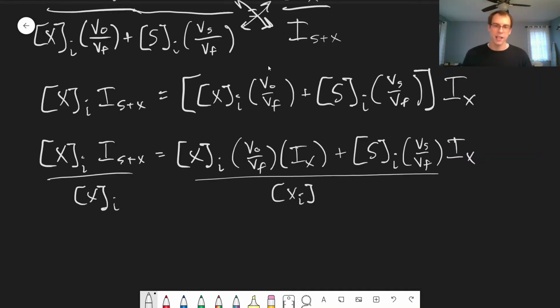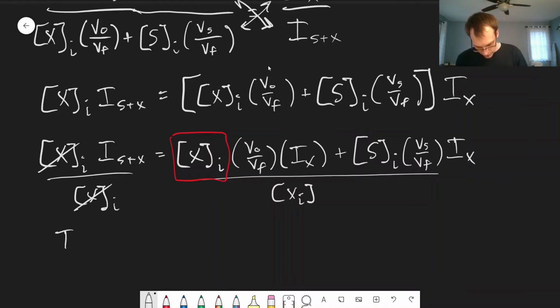That'll give xi just on the right-hand side of the equation. On the left-hand side, these will just cancel. On the right-hand side, we have an xi up here already, so that'll cancel in the first term, and in the second term, it'll end up in the denominator. This may not be obvious as to why we want to do this, but that's the form it'll be in the end.